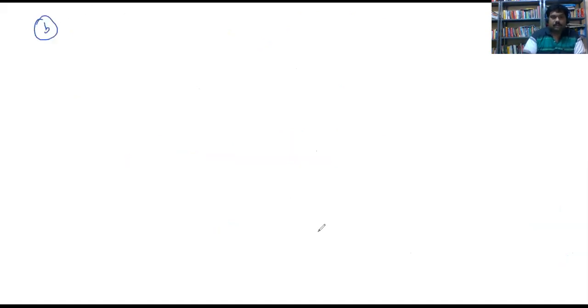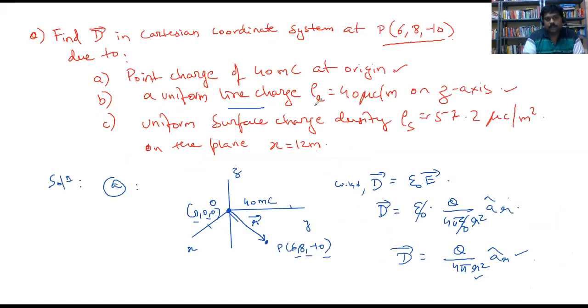What is the second sub question? There's a uniform line charge rho L equals 40 microcoulomb per meter on the z-axis.